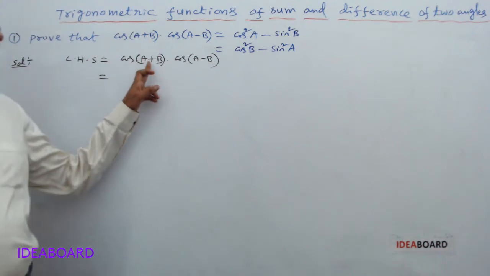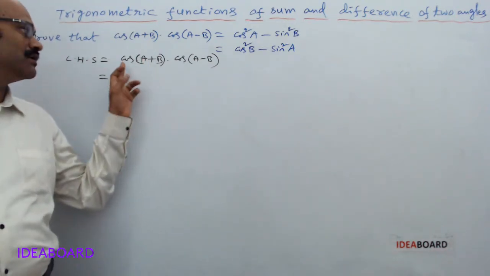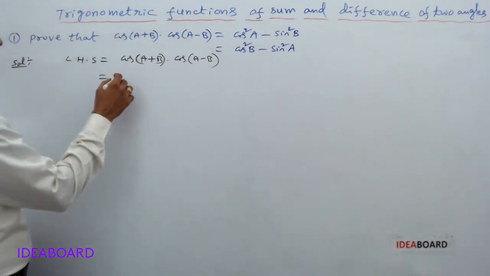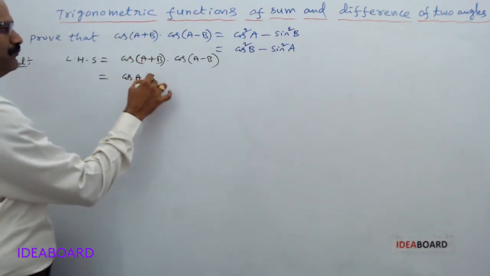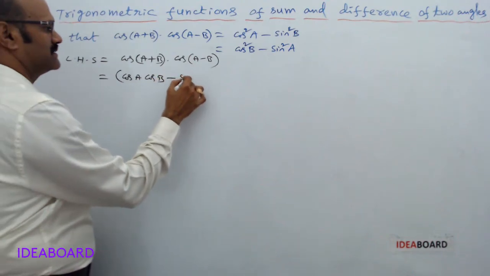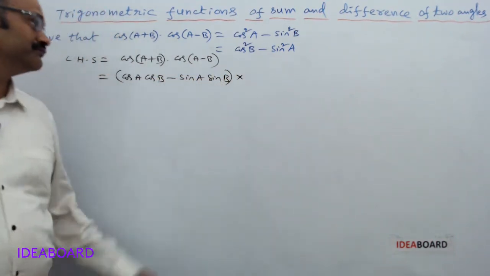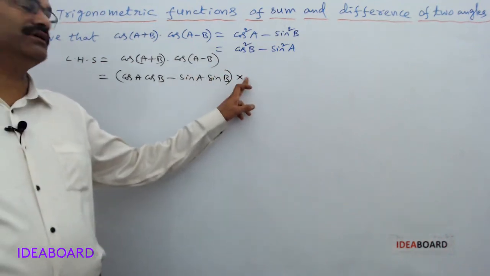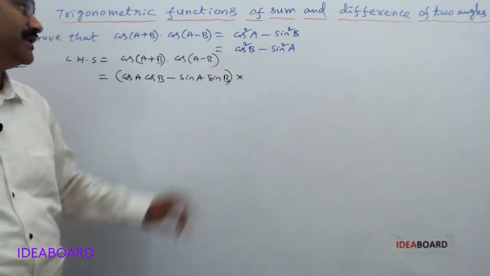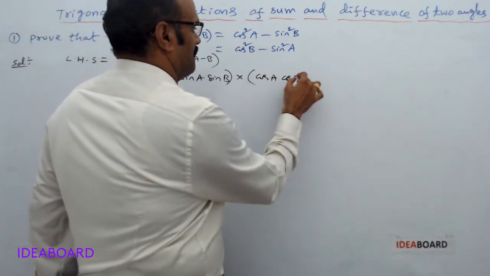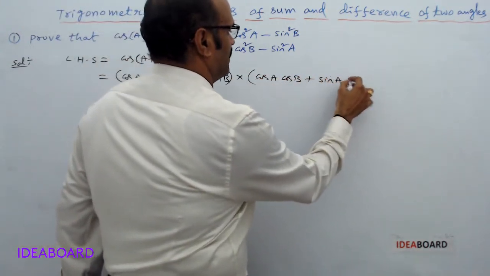The formula for cos of (A+B), which we proved geometrically, is cos A cos B minus sin A sin B, into cos of (A−B) equal to cos A cos B plus sin A sin B.